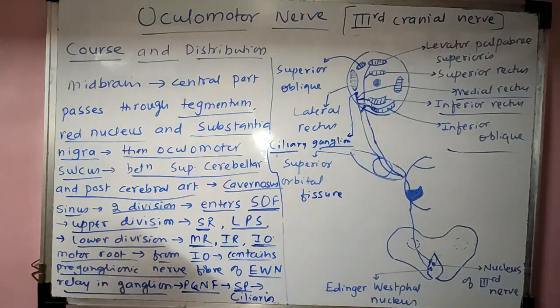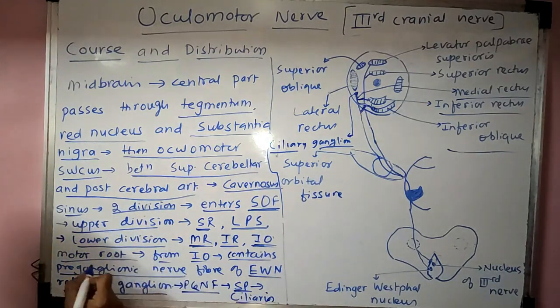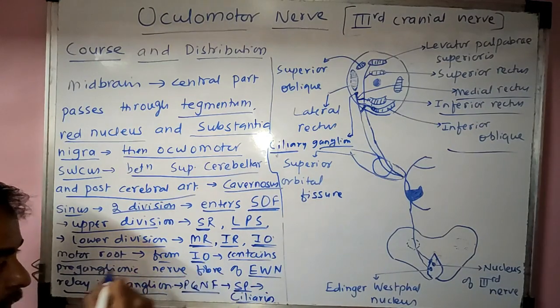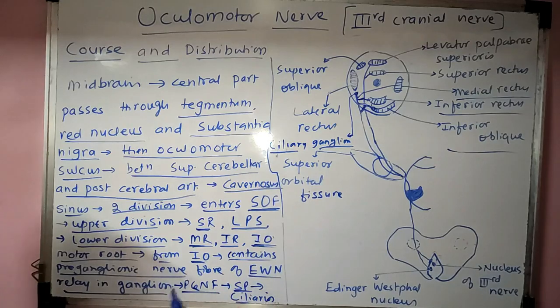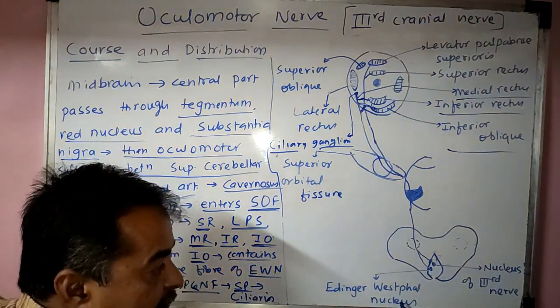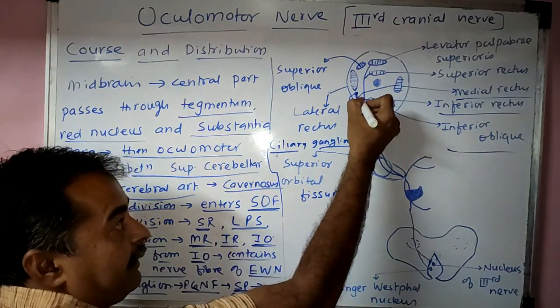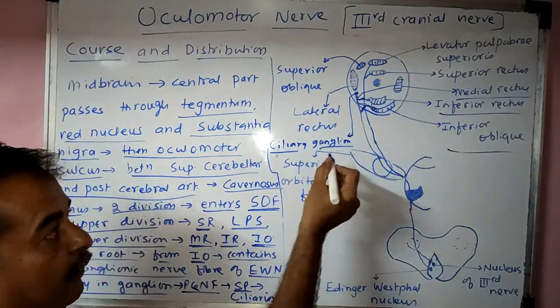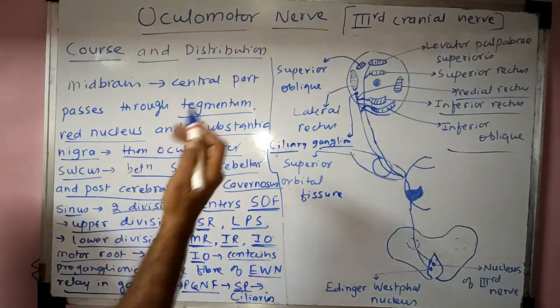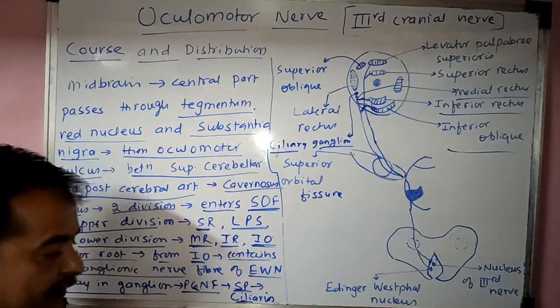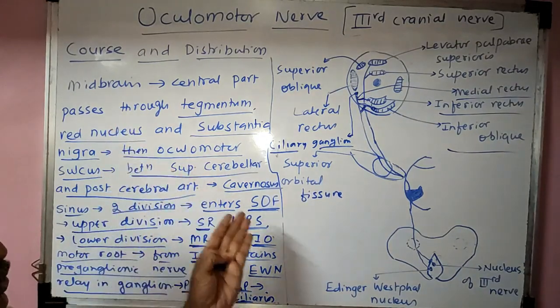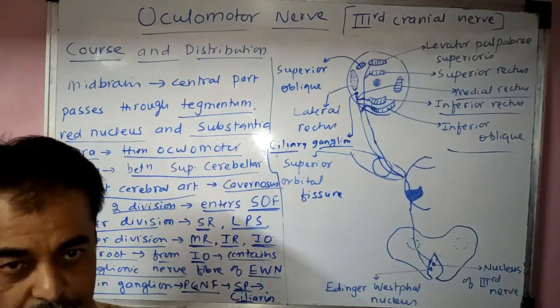The fibers from the motor root of the inferior oblique contain the preganglionic fibers of the Edinger-Westphal nucleus. They go to the ciliary ganglion, and ultimately supply the sphincter pupillae and the ciliaris muscle. This is about the course and distribution of the oculomotor nerve.